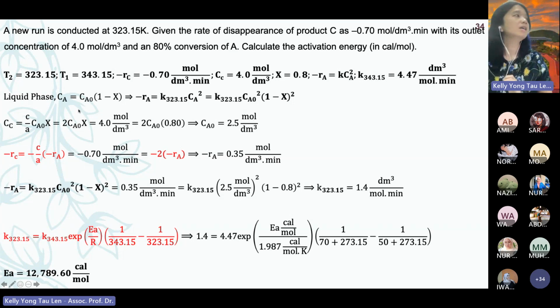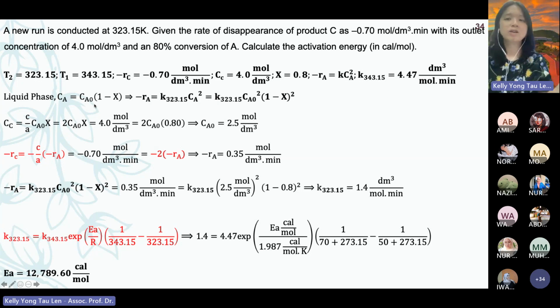If you remember, I already taught how to express the equation to find the concentration of A. If it's liquid phase, CA equals CA0 in bracket 1 minus X. I already taught this in chapter 3. So my CA squared now becomes CA0 squared in bracket 1 minus X to the power of 2, because we don't know CA, so we derive it in the form of CA0 and X through this correlation.